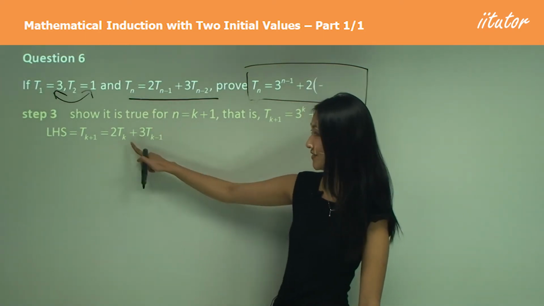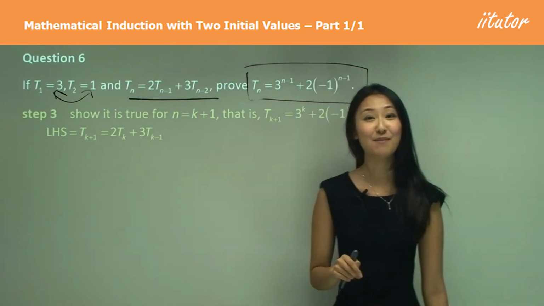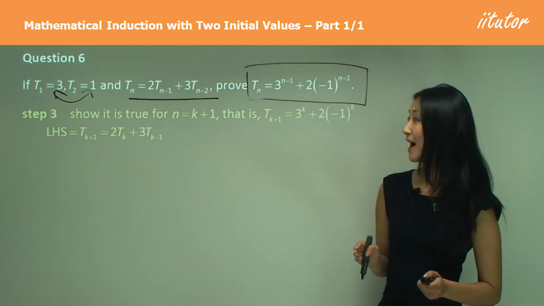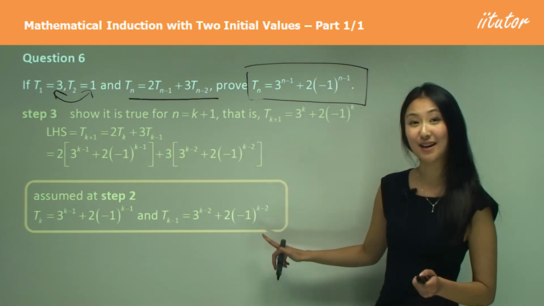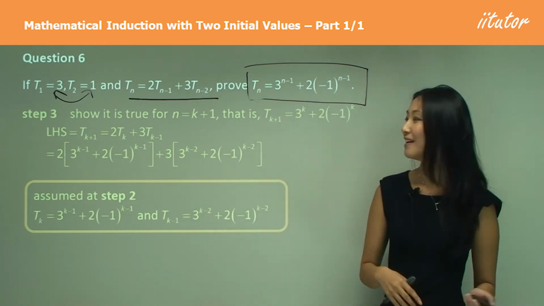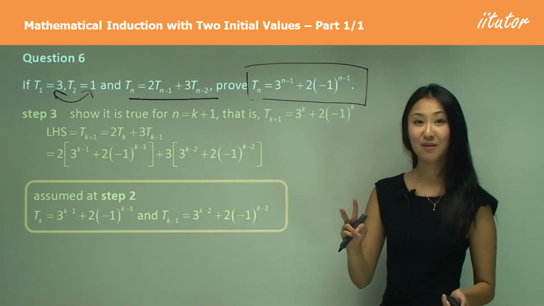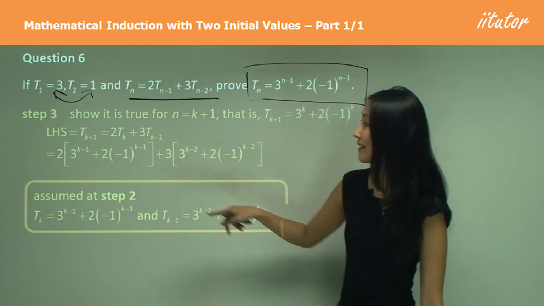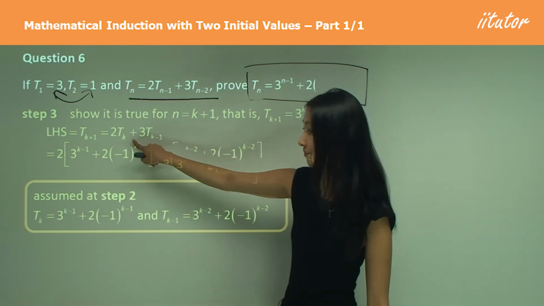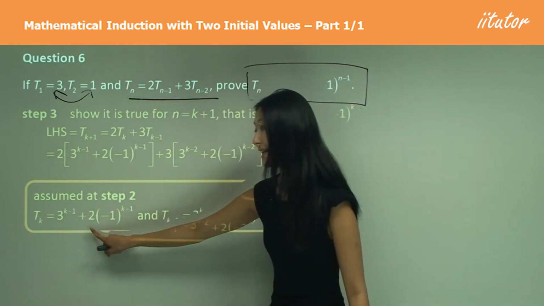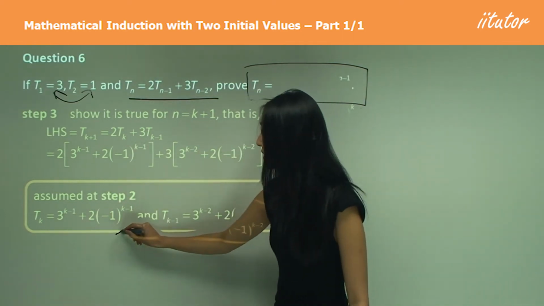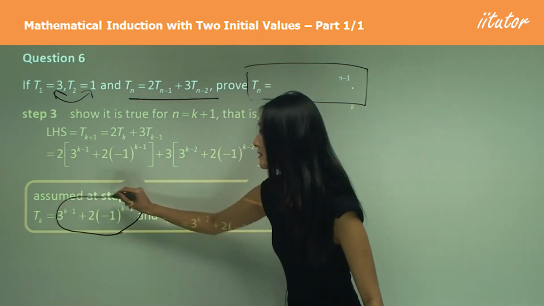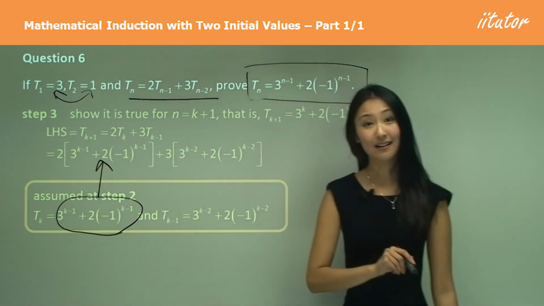Now you can see we have tk here and tk minus 1, and that should remind you of the 2 assumptions that we had in step 2. So remember how I said if we have 2 assumptions, then we have to use both of them. So that's exactly what I'm doing. So instead of tk, we know that tk equals this, so I'm just substituting this into here.